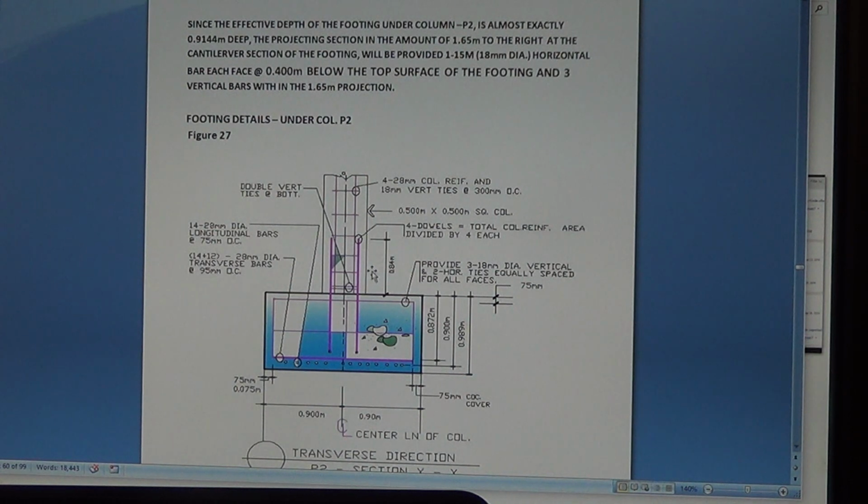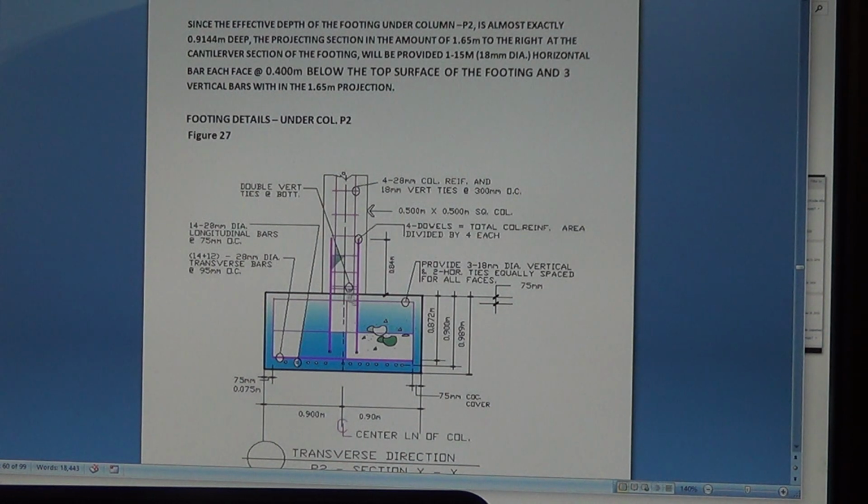The diameter of the dowel is calculated from the total cross-sectional area of the column reinforcement. You divide it by 4 if you want 4 dowels, so that you get the size of the dowels.